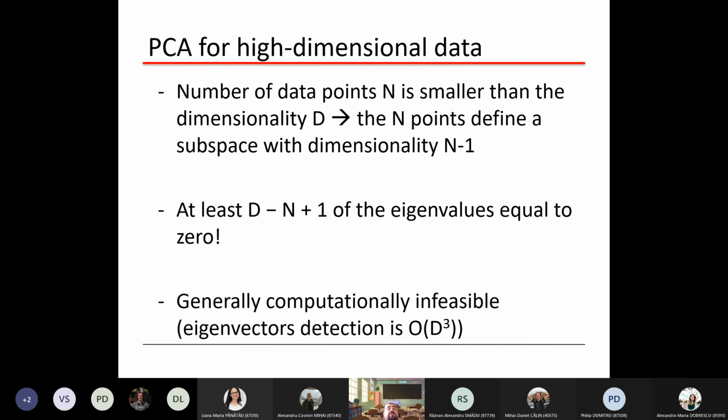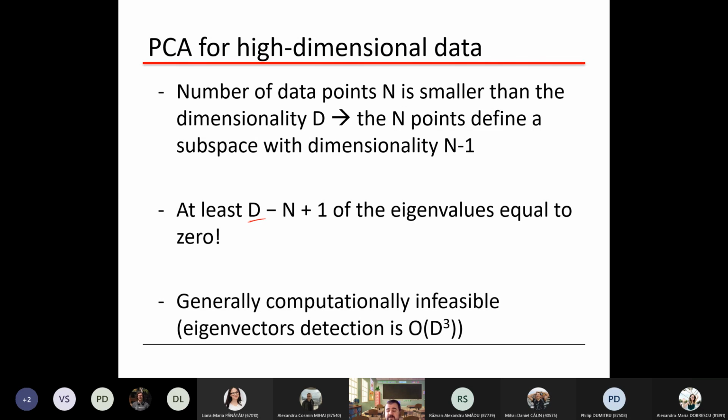There is another thing that might be interesting. There might be situations where the number of data points n in the data set is smaller than the dimensionality of the data d. Therefore, those n data points will define a subspace with dimensionality n-1. So if we have this, it means that in the covariance matrix from the D space, we will have at least D minus n plus 1 eigenvalues that will be equal to 0.